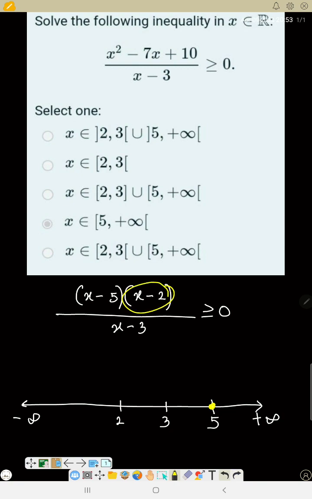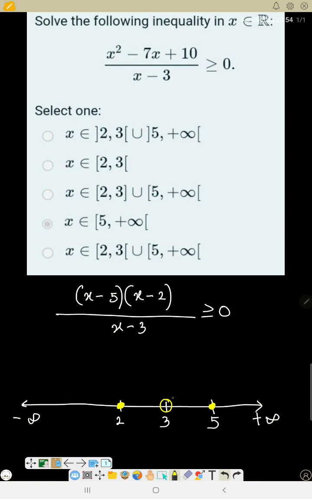This is also x minus 2, that is greater than or equal to 0. I'll shade for 2 also. But look at the x minus 3 at the denominator. Now x cannot be 3 here. If x is 3, this will be 3 minus 3, and that is 0. And if the denominator is 0, the expression will be undefined. So we don't want the denominator to be 0. So that interval will be open.